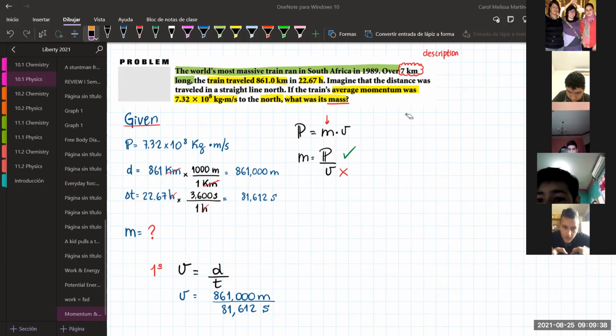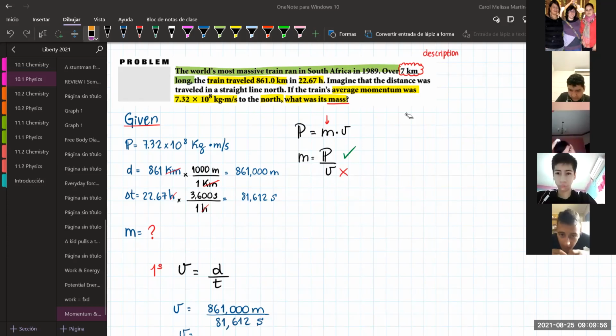My final units are going to be meters over second. How much is this? 10.55 meters per second.